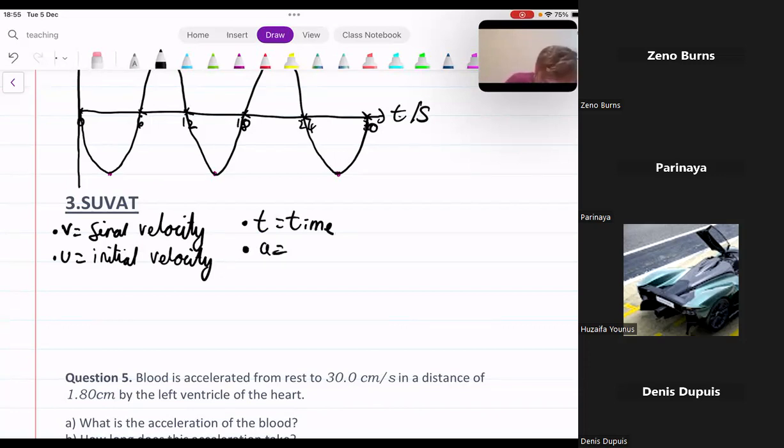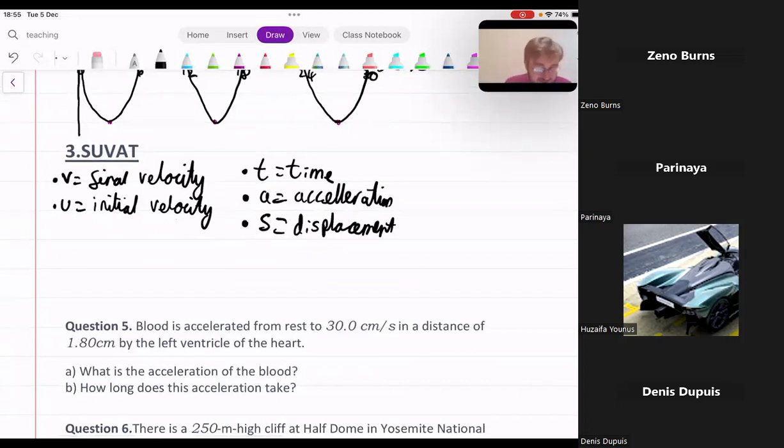A is acceleration. And finally, S. I don't know why it's S, but this is displacement. I have no idea why it's an S. I guess Suvat sounds quite nice when you use all of these letters, but I really don't know the reason.